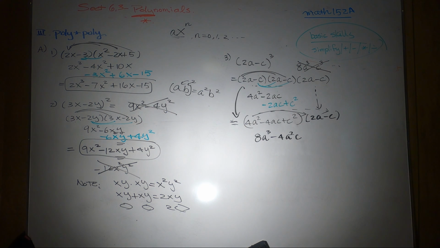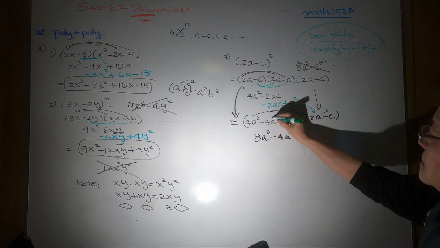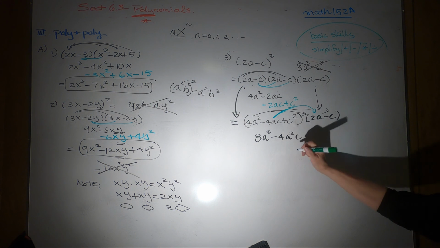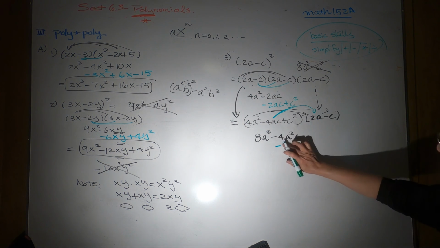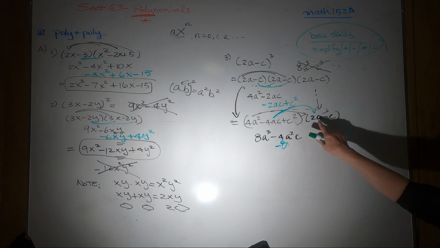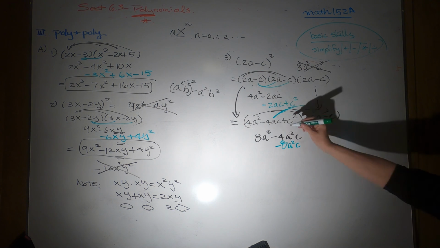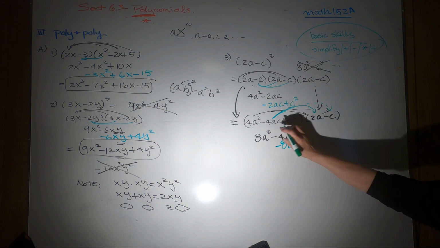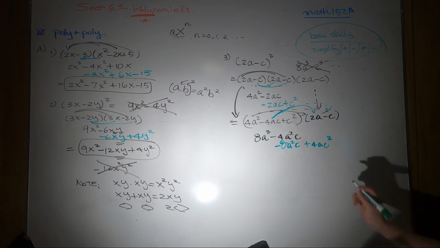Next item, negative 4ac times 2a will be negative 8, a times a is a squared, and another c. And next one, negative, negative, it's positive. 4 is 4, a is a, and c would be c squared.